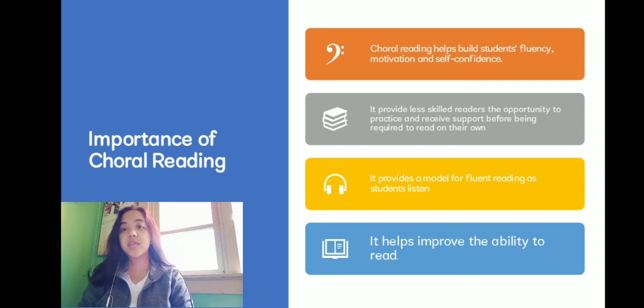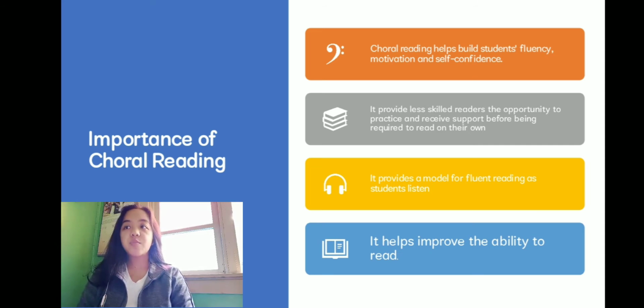First, it helps improve the ability to read. It helps the student improve reading and speaking skills. Second, it provides a model for fluent reading, something the students can listen to, which helps improve their fluency in speaking.